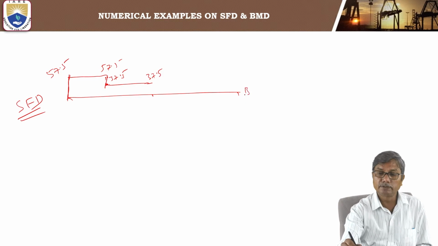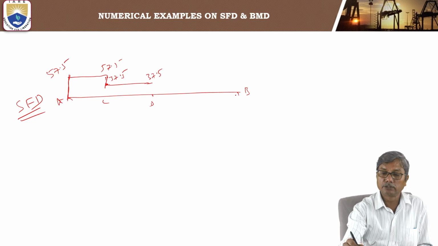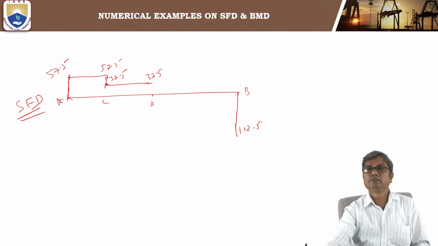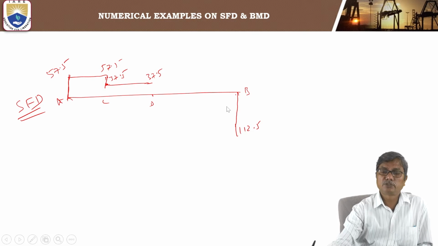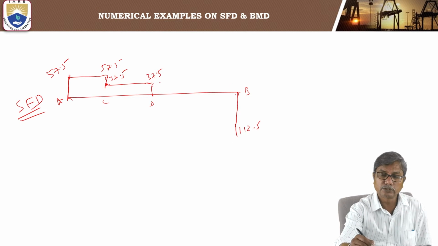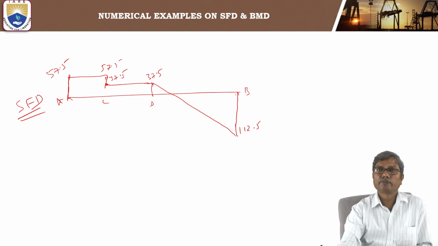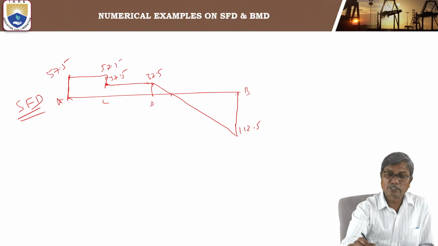Now coming to B, the shear force at this point is minus 112.5, so we take it downwards. It varies from 37.5 to minus 112.5. So at some point it changes sign.